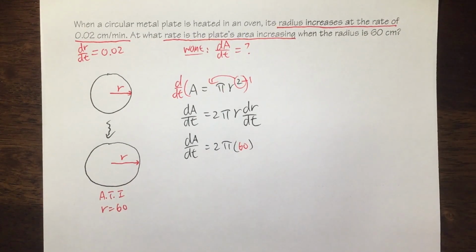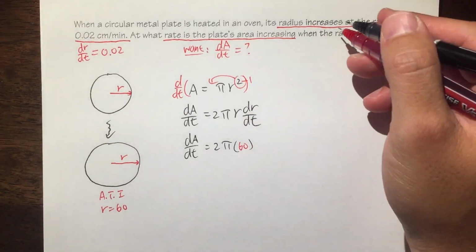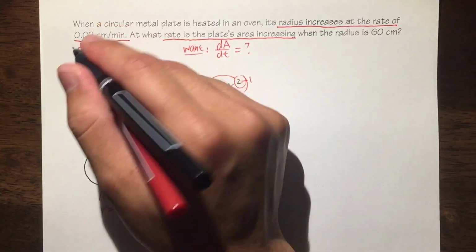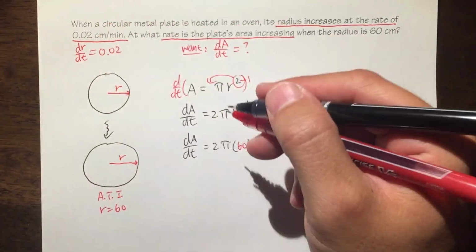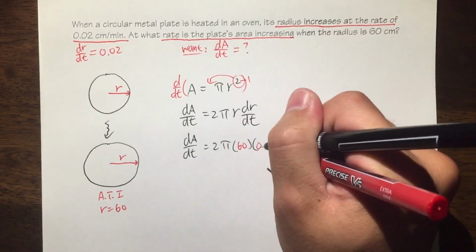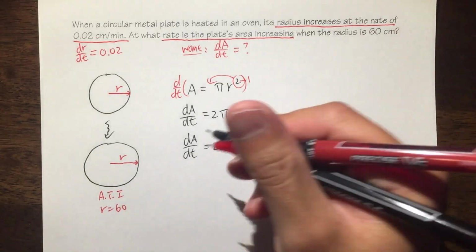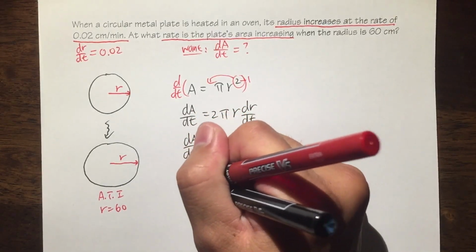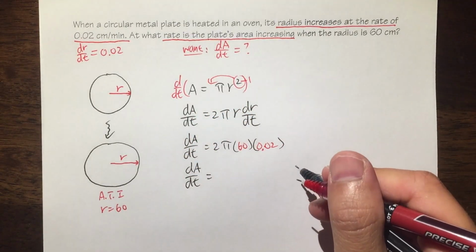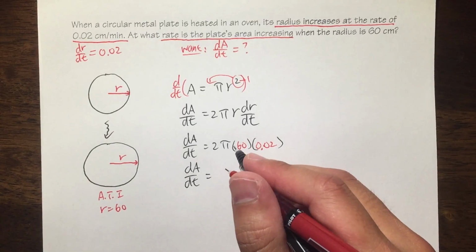So use this right here. And for the dr/dt, the radius is increasing at the rate of 0.02, right? So that's the constant rate for r. We just have to plug that in, 0.02. And that's pretty much it. And all we have to do next is just multiply things out. And usually we just multiply out the regular numbers and we leave the pi as it is.